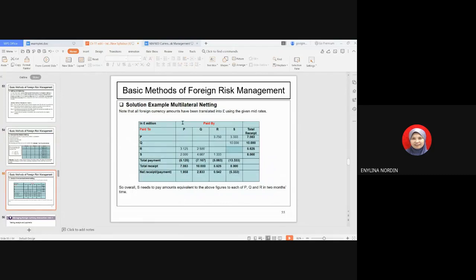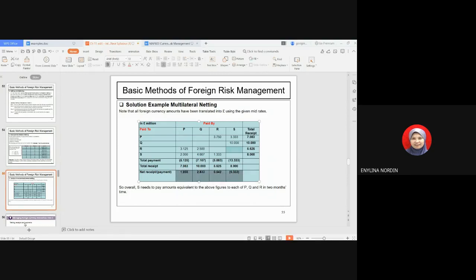But if you do it vertically for P, from top to bottom, from this row to this row, then you will get 5.125. So that is the payment. This is the total payment made by P to each subsidiary. So you total up the payment and compare to the receipts of each subsidiary accordingly. Then you get the net. They are netted off, and then you get the net balance.